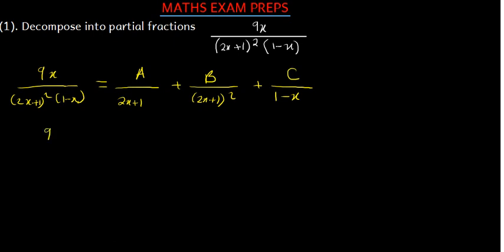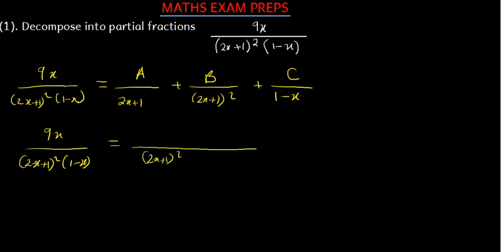Now we are going to merge these as single fractions. What is the lowest common denominator for everything? It is (2x + 1) squared, then (1 - x). This one into this, we remain with 2x + 1 and 1 - x, multiplied by A, so we have A(2x + 1)(1 - x).